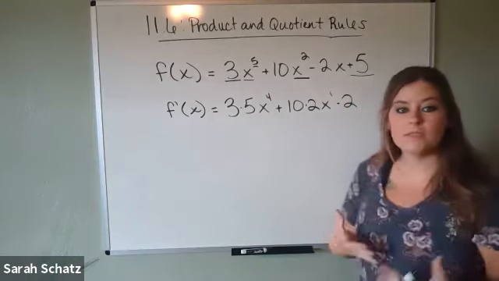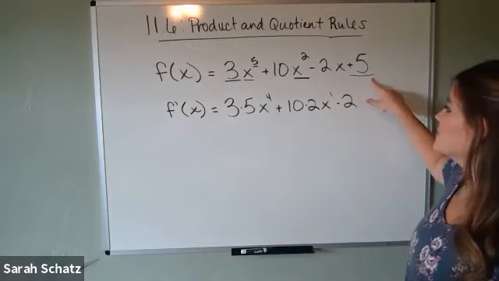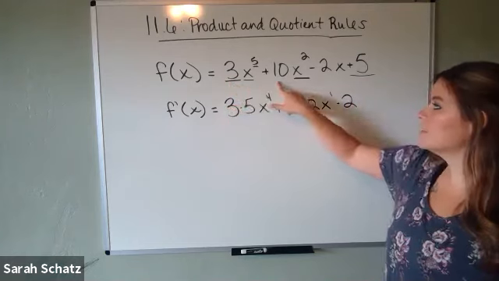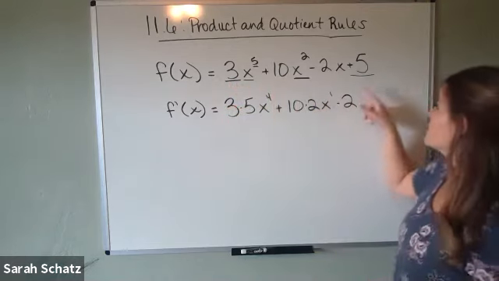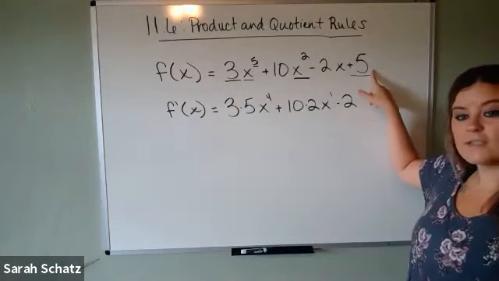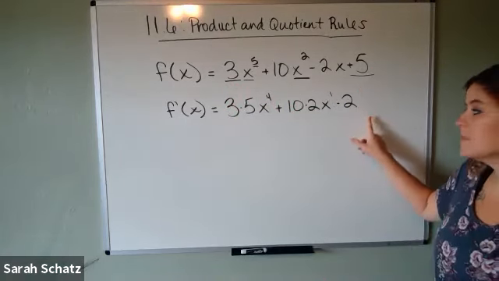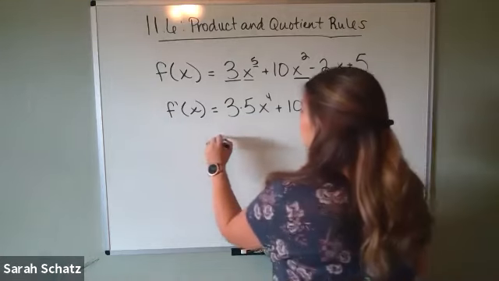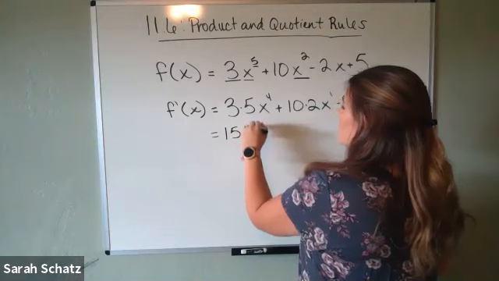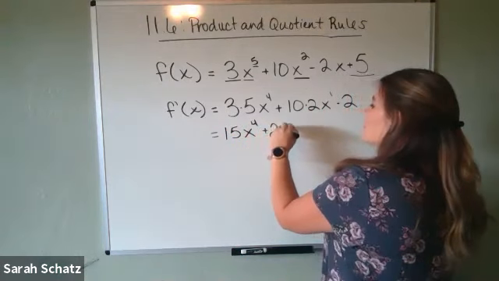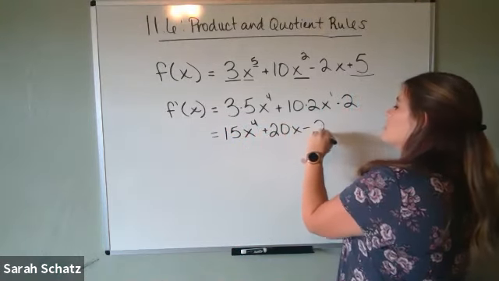You guys remember the difference between this and like one of these. These are coefficients. They're touching an x value, so they get to come along. This doesn't have an x value, so it's a constant, so it disappears. So this is what we got, right? And then, of course, we simplify that. Let's call it 15x to the 4th plus 20x minus 2.